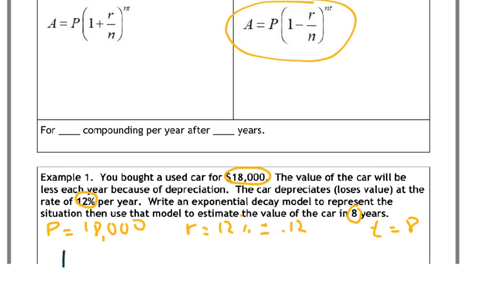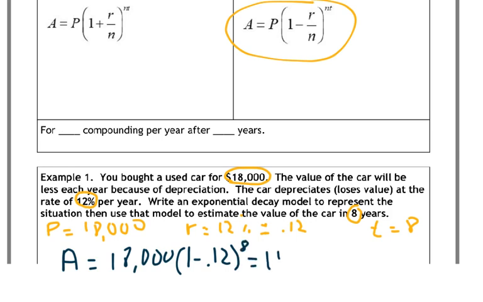Let's plug in everything in the model. A equals 18,000. Make sure to use parentheses. 1 minus 0.12, and this raised to the power of 8. So now we can plug it into the calculators.